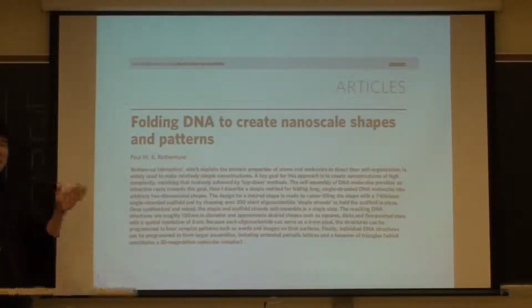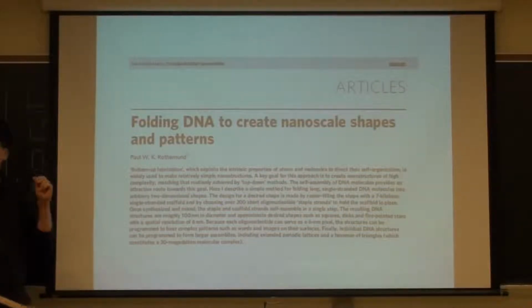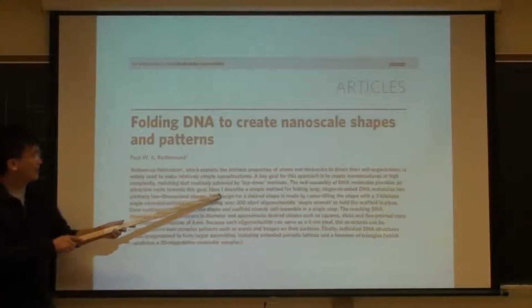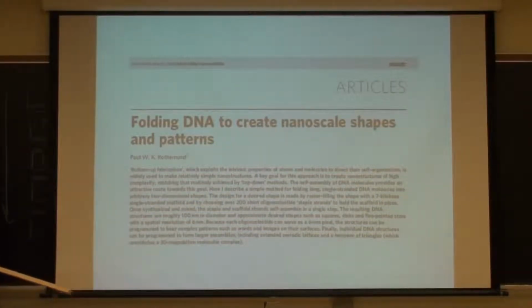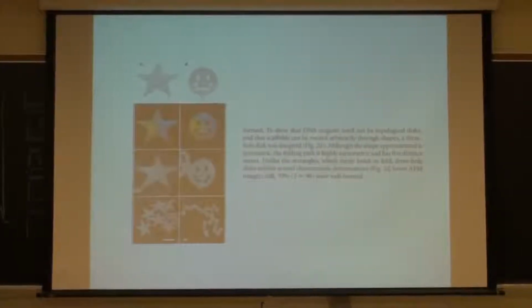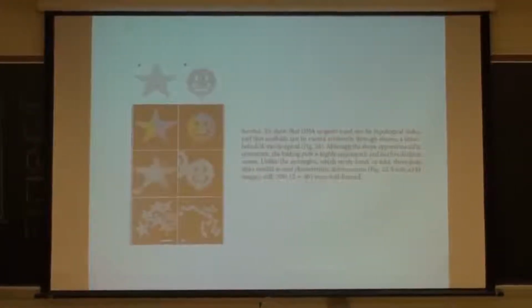And this is something that I always wanted to do, to publish a single author paper. Anyway, in a nutshell, what he did was develop a method to make nanoscale structures using DNA.